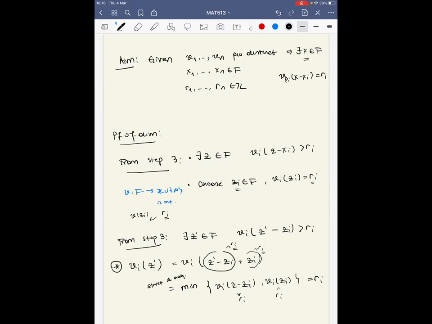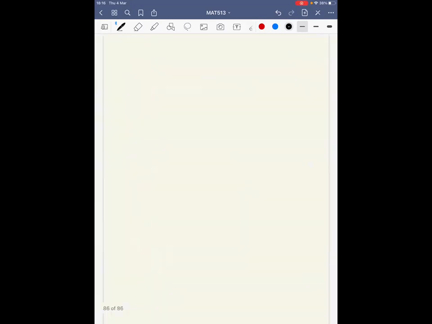But here we want to see that z minus xi or x minus xi should satisfy this equality. And for this purpose, we will set the function x as z plus z prime.